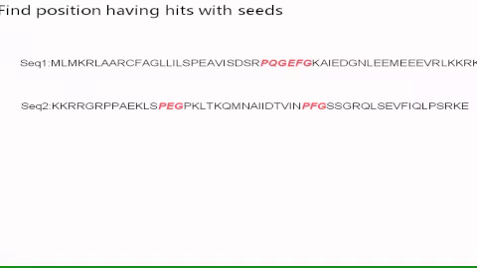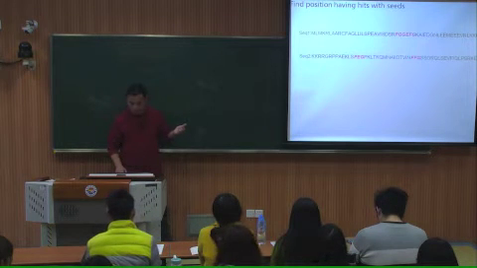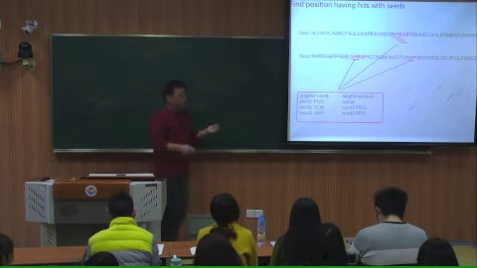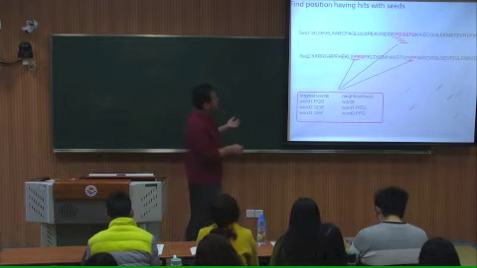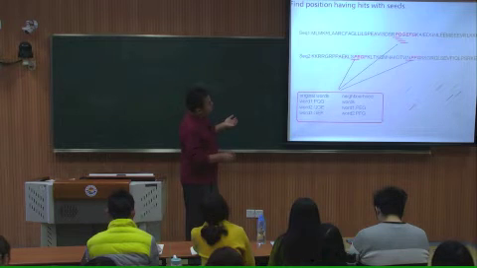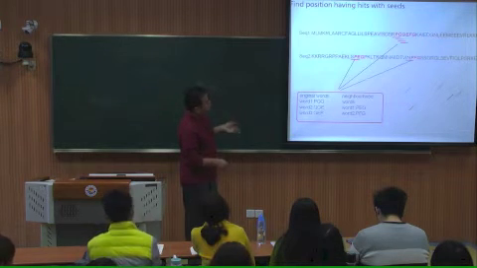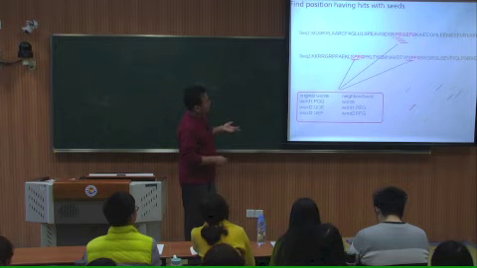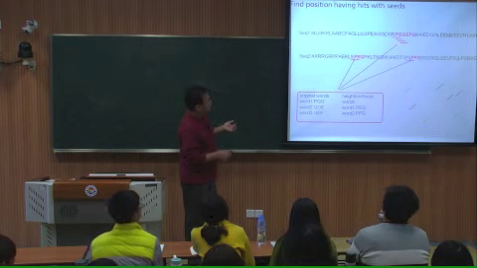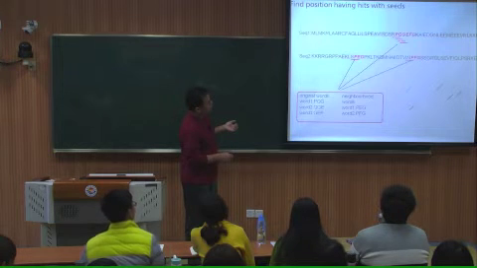Okay, so here's an example of how we do the seeding. This is our query sequence, and these are 2 sequences from the database. After we start with the seeding, we find in the first sequence matches of 4 seeds here.